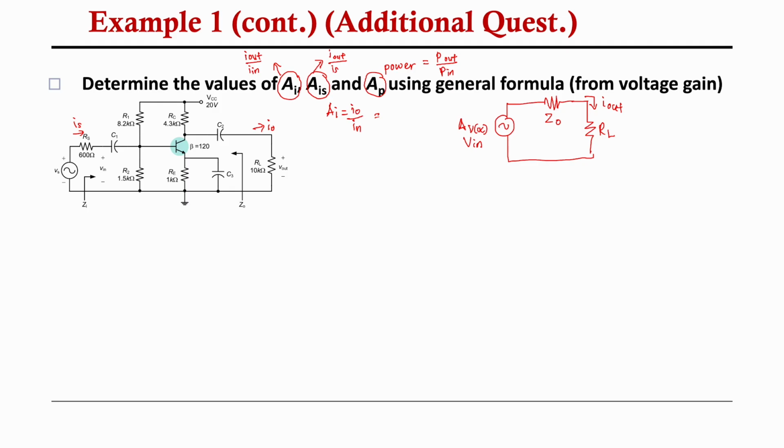In this case, why are we using the AVOC? AVOC now becomes our new source. If you look at this structure, we have V in multiplied by the gain AVOC, so we get the total voltage.